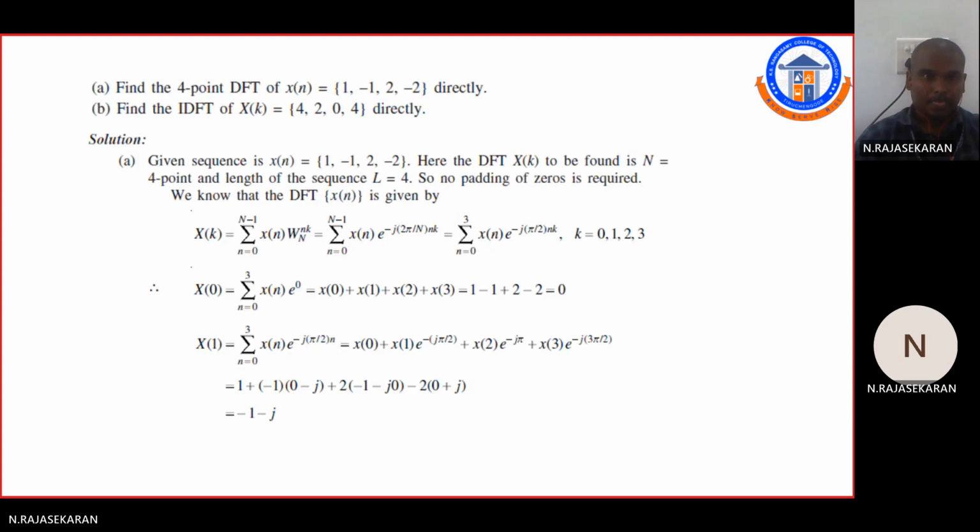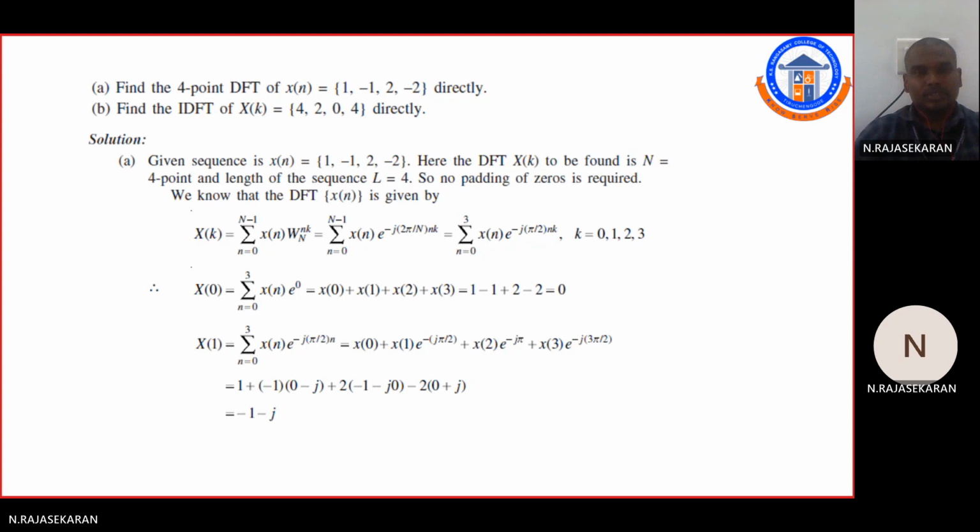Now we go with a very simple problem. Here two sequences are given. The first one is x of n, given for a 4-point DFT, and the second one is X of k, for which we have to find the IDFT, using the direct method. 4-point means we have 4 inputs: 1, minus 1, 2, and minus 2.